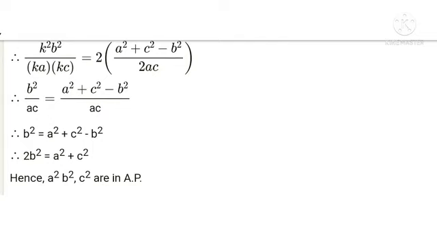So lastly we get k cancelled, b square upon ac is equal to, here 2 get cancelled, (a square plus c square minus b square) upon ac. ac get cancelled, b square is equal to a square plus c square minus b square. That is 2b square is equal to a square plus c square. This implies that a square, b square, c square are in arithmetic progression. Okay.